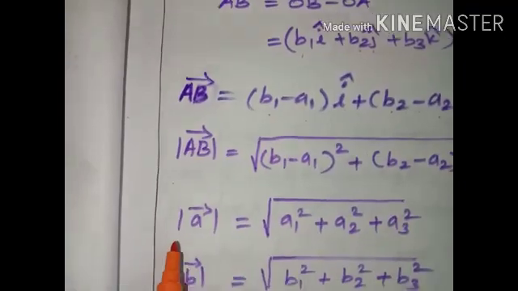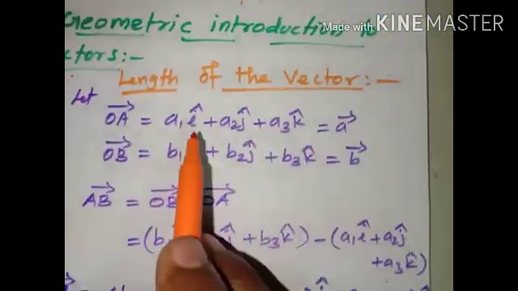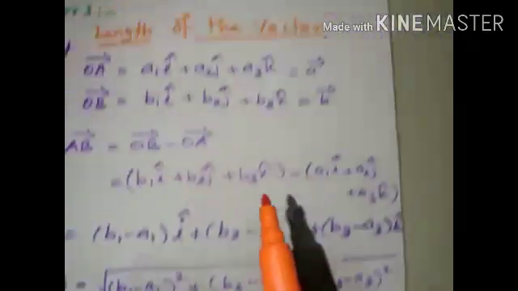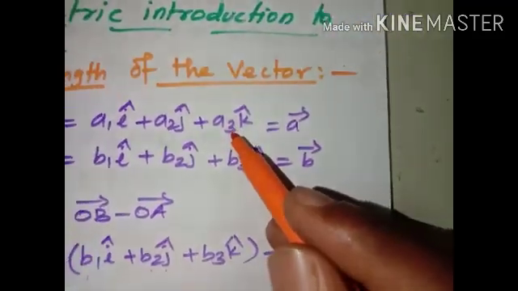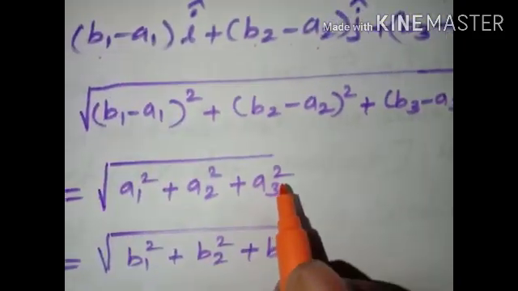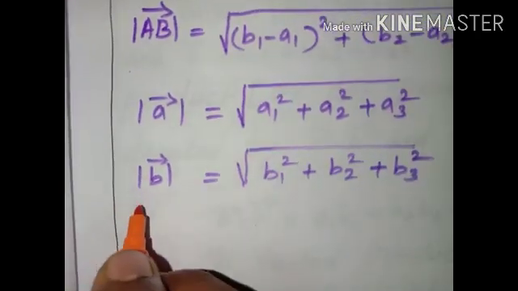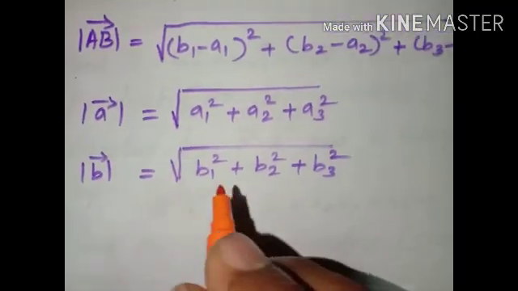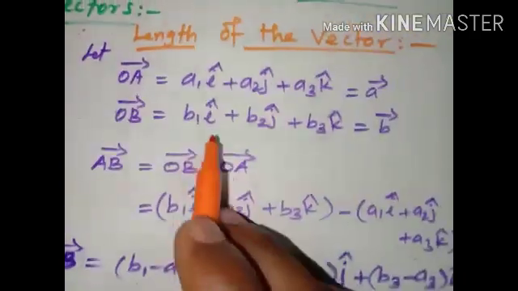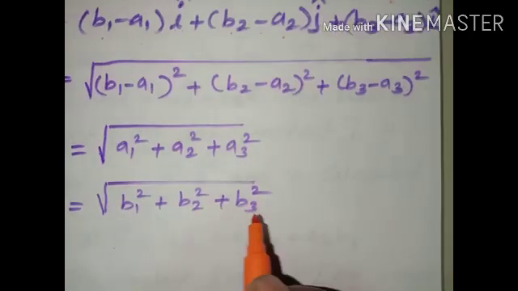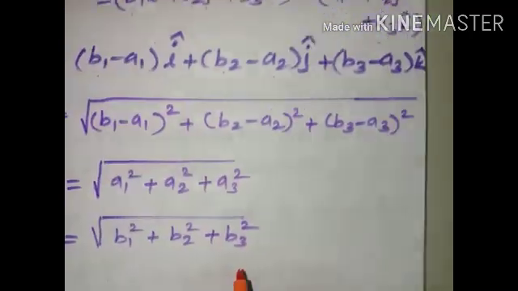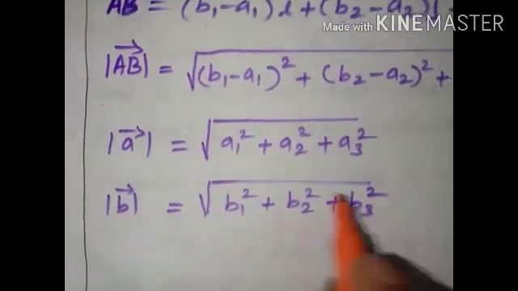So the modulus of A equals the root of A1 square plus A2 square plus A3 square. Then the modulus of B vector equals the root of B1 square plus B2 square plus B3 square.